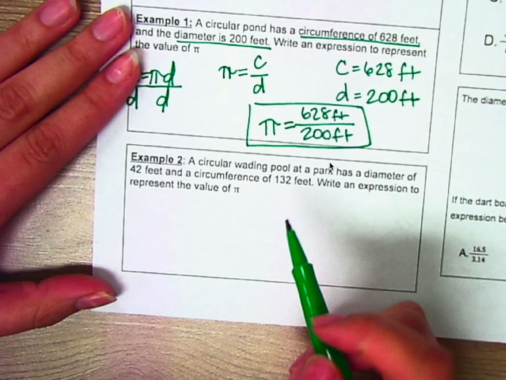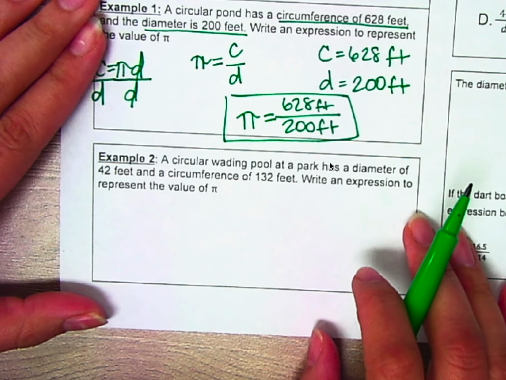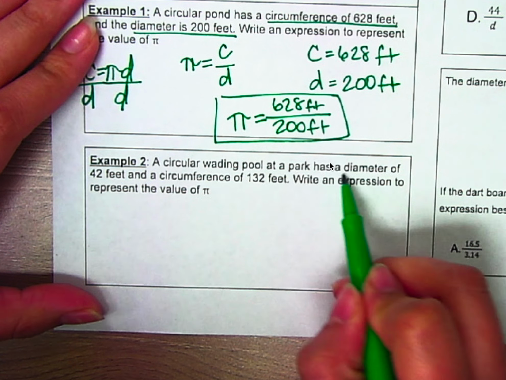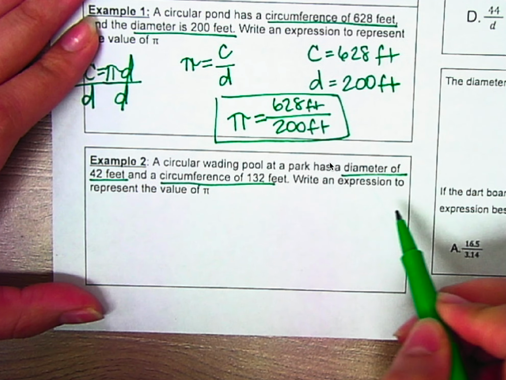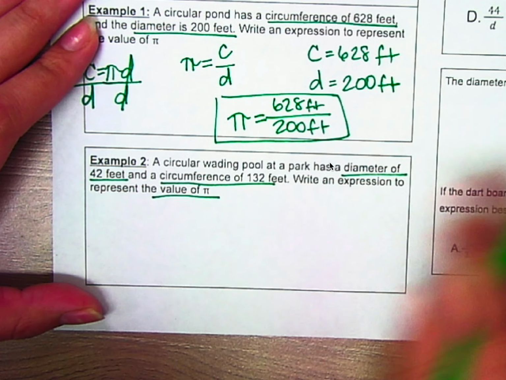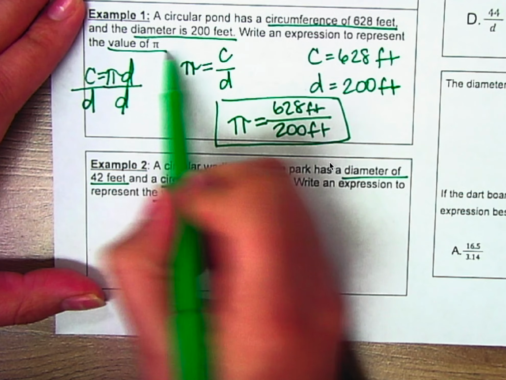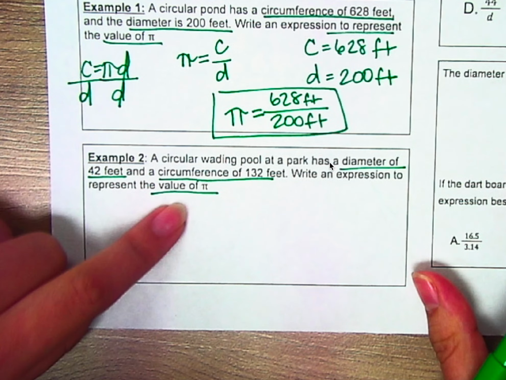Okay, example 2 says a circular wading pool at a park has a diameter of 42 feet and a circumference of 132 feet. Write an expression to represent the value of pi. Okay. Oops, I did not underline my previous question. So make sure you underline that.